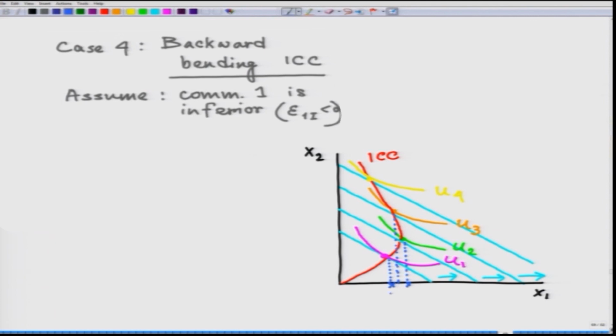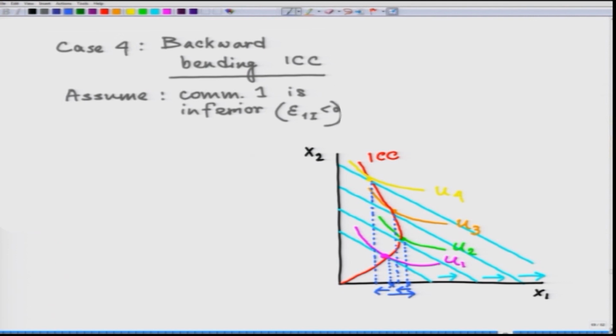So, it first rose from here to here, then there is a fall from here to there, and again with another round of income increase, there is a further drop in the consumption of commodity 1, because commodity 1 is an inferior good.